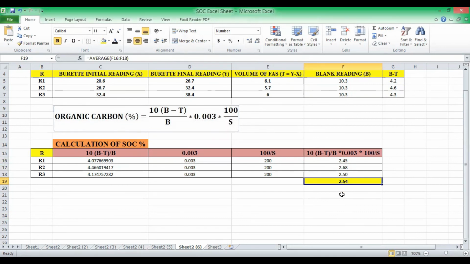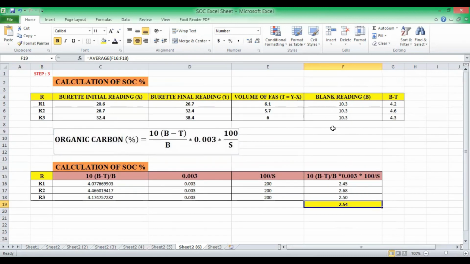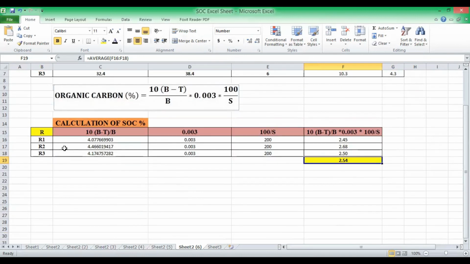So similarly, in the same manner, if you have 2, 5, 6, 10, whatever the number of samples, you always have to first find the blank reading by standardizing the ferrous ammonium sulfate solution. And then after that, you have to take a replicate for all the different soil samples.